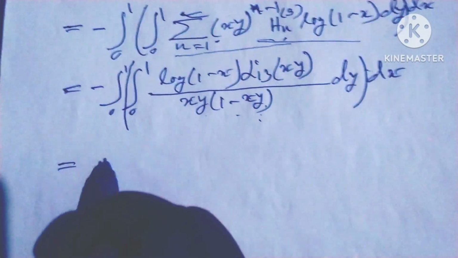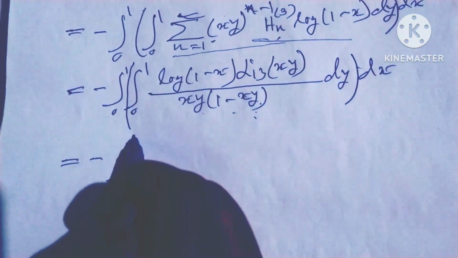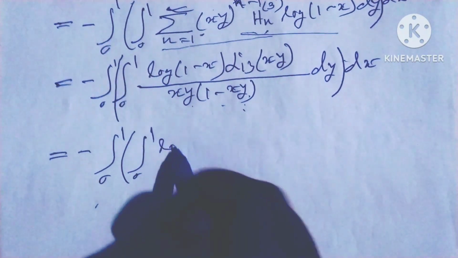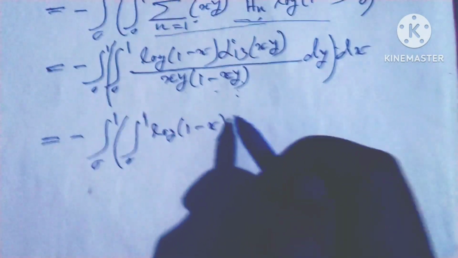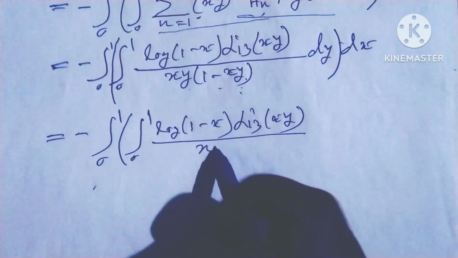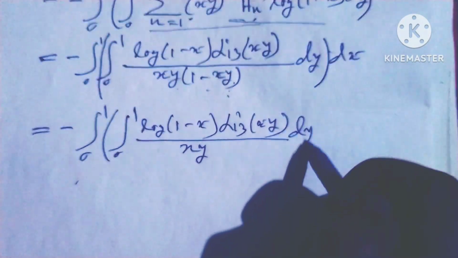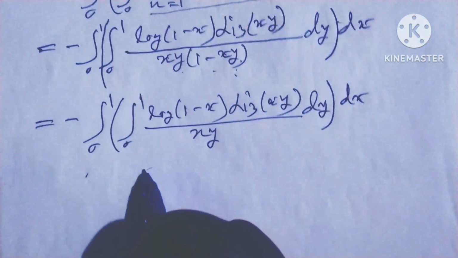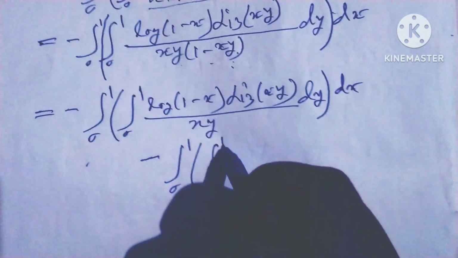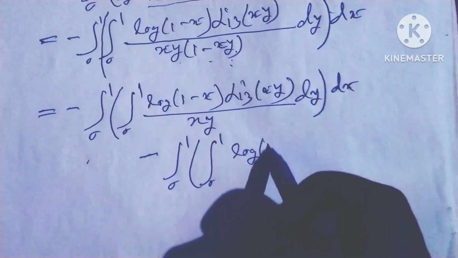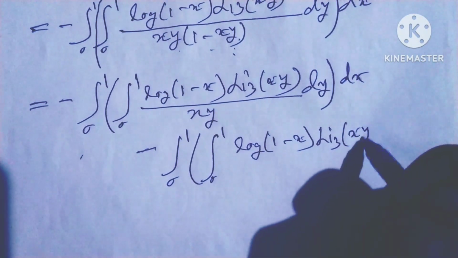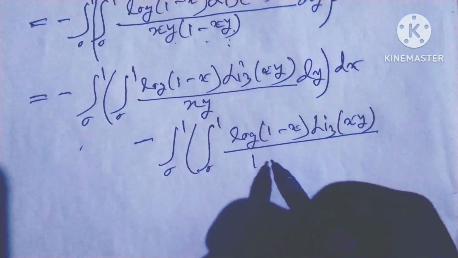and after that it can be written as minus the integral from 0 to 1, the integral from 0 to 1 of log(1 minus x) Li3(xy) divided by xy, dy dx, minus the integral from 0 to 1, the integral from 0 to 1 of log(1 minus y)(1 minus x) Li3(xy) divided by (1 minus xy).